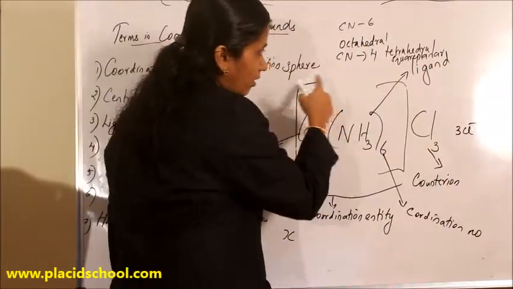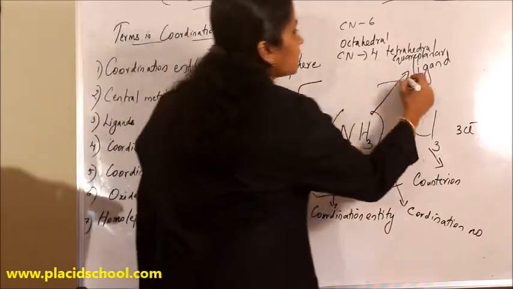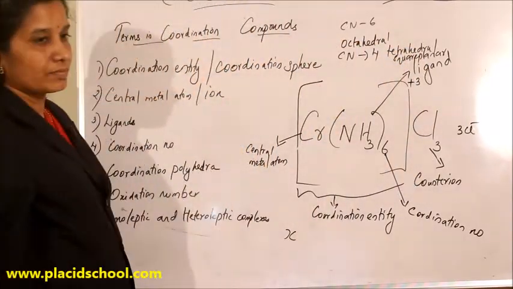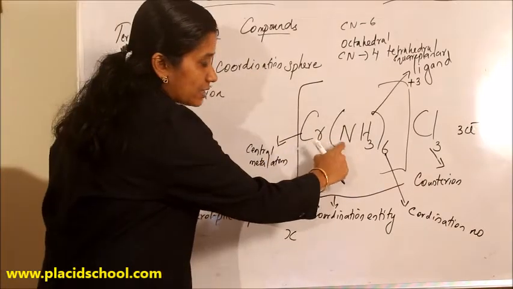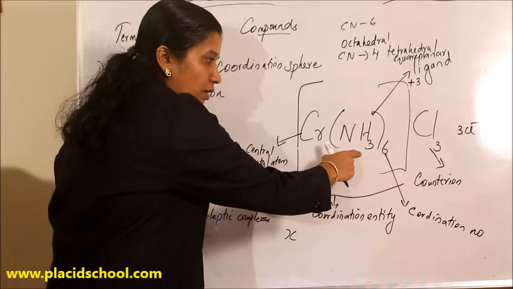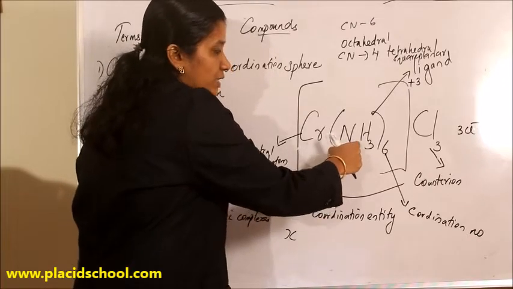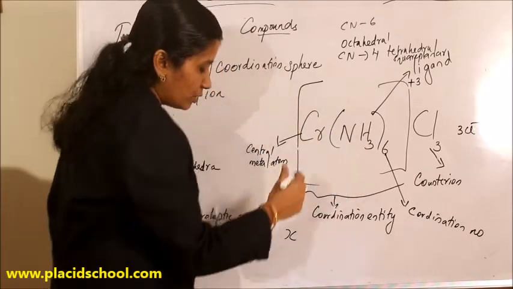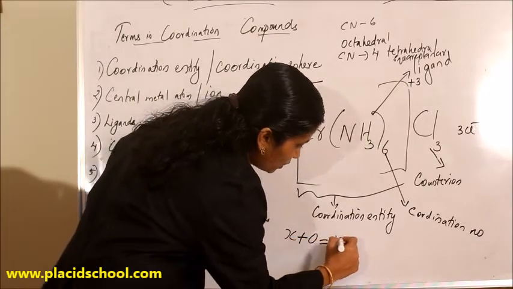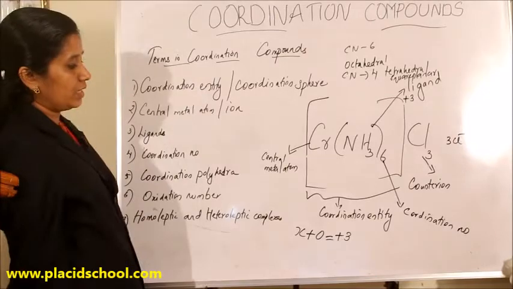That means the coordination sphere has a plus 3 charge, and since the NH3 group is a neutral molecule, the charge of NH3 is 0, so X plus 0 is equal to plus 3.